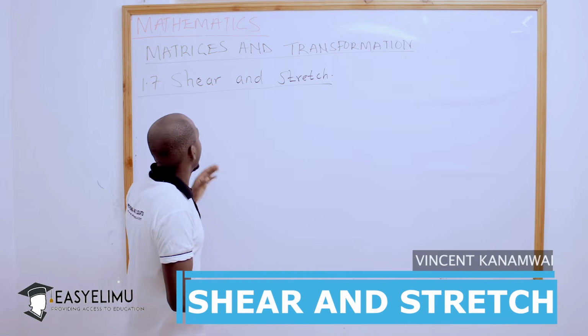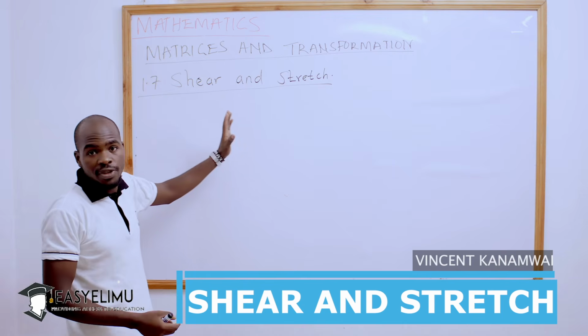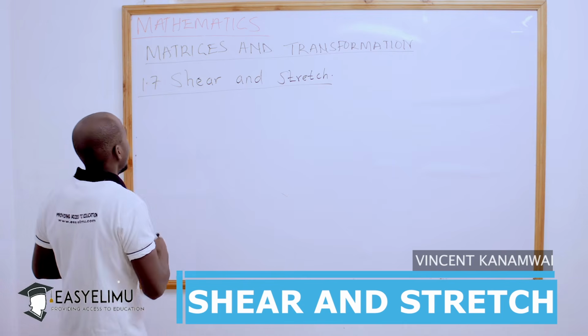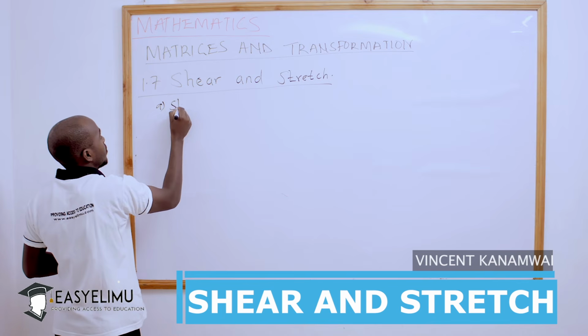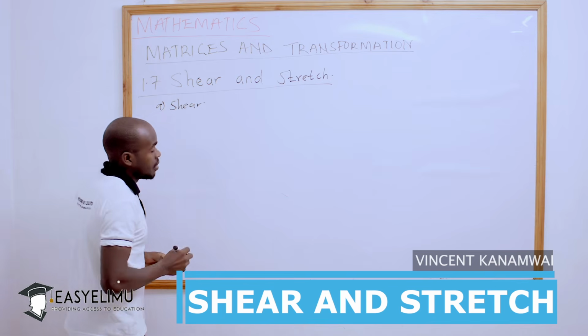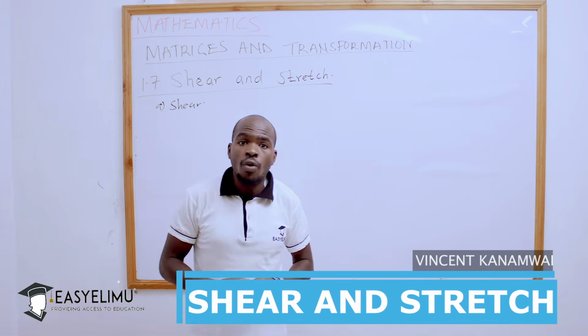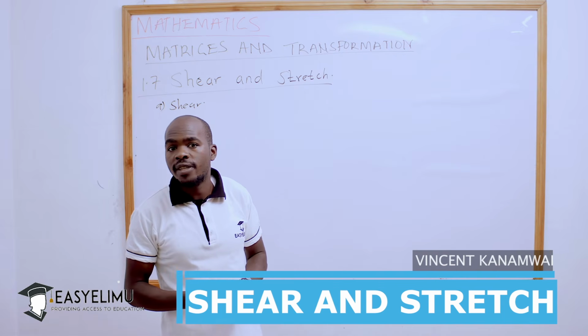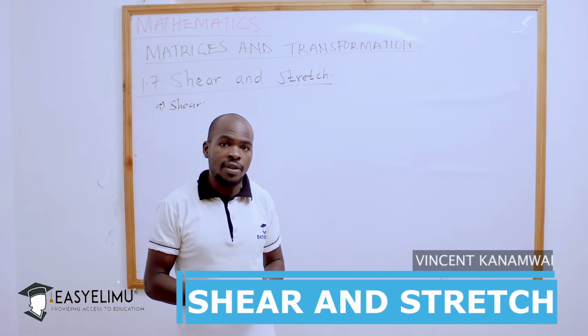Our next session is on shear and stretch, and we shall start with the shear. We need to see what happens when an object is subjected to a shear matrix.